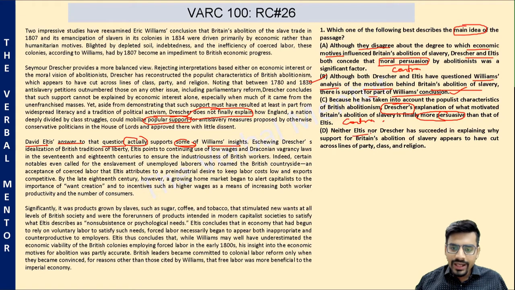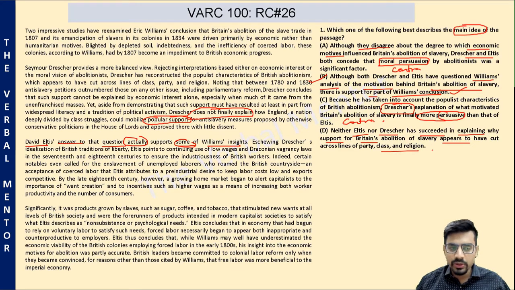Option D: neither Eltis nor Drescher has succeeded in explaining why support for Britain's abolition of slavery appears to have cut across lines of party, class, and religion. So basically, neither Eltis nor Drescher has explained how support for anti-slavery measures cut across party lines, religious lines, etc. Everybody supported; nobody has explained.